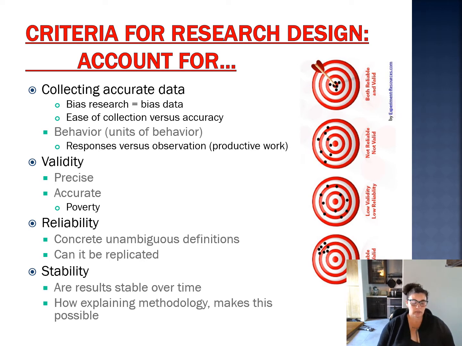A good example of how challenging this can be is measuring poverty, right? So in the United States, we don't measure poverty based on people's actual incomes because, for example, if you live in California, an income of $40,000 a year in LA is much different than an income of $40,000 a year in Omaha, Nebraska, for example, right?